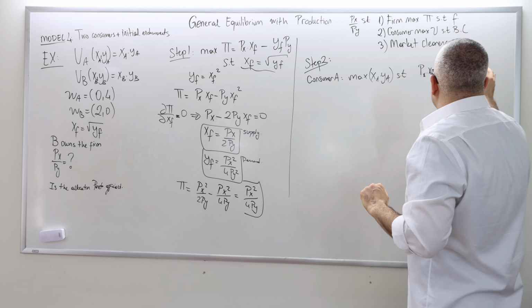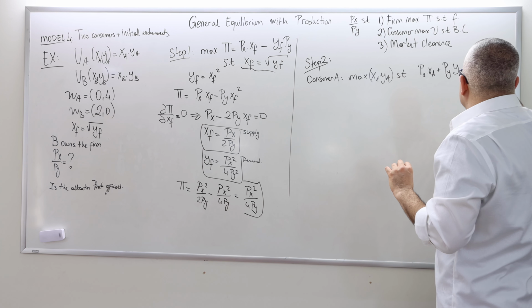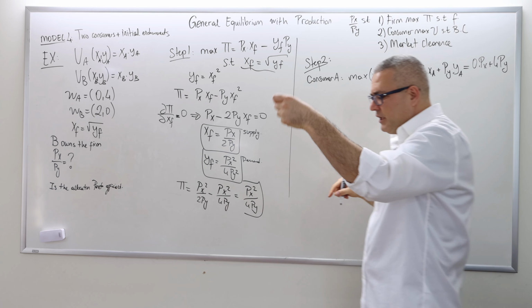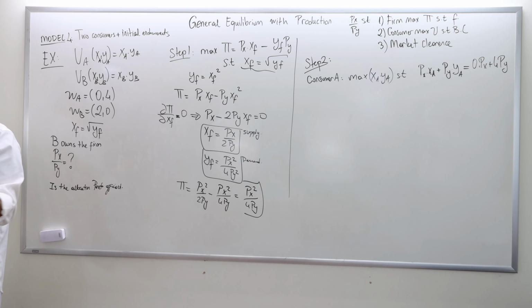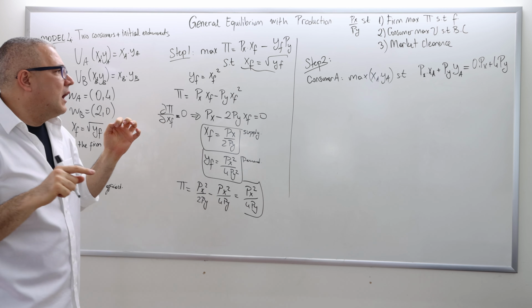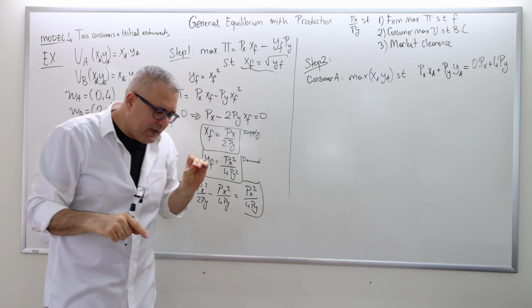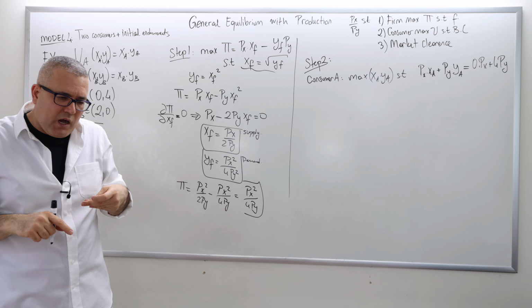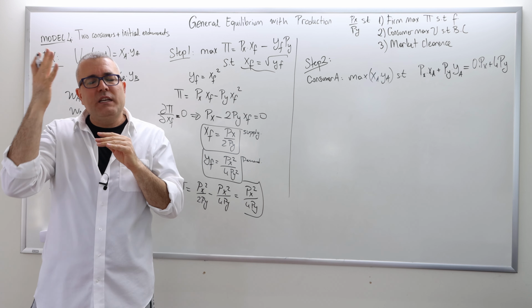Her income is coming from the endowment. So it's 0 times px plus 4 times py. So this is how much money she gets selling her 4 good y to the market. All right. So the thing is, she doesn't own the firm, so she doesn't get pi. But then, does she get any benefit from selling y to the firm? So again, the idea is the following.